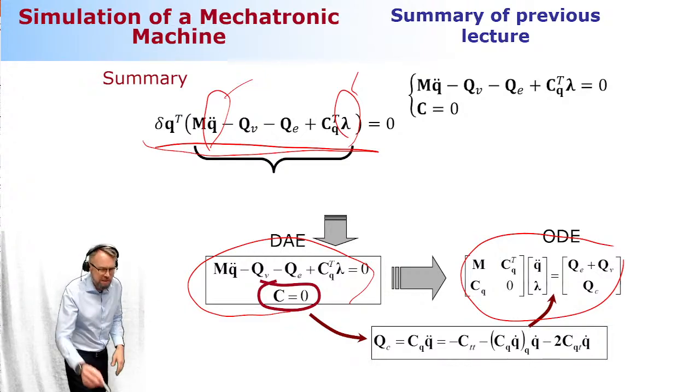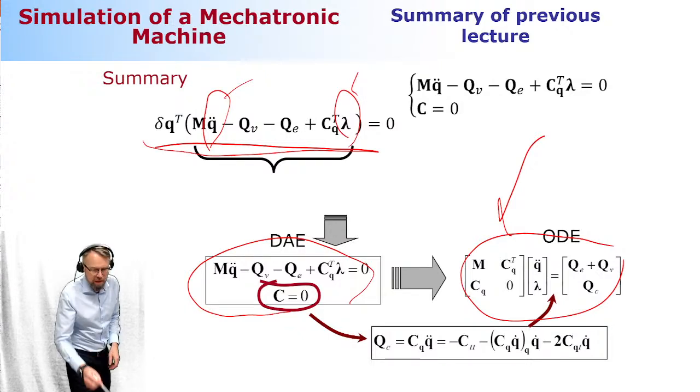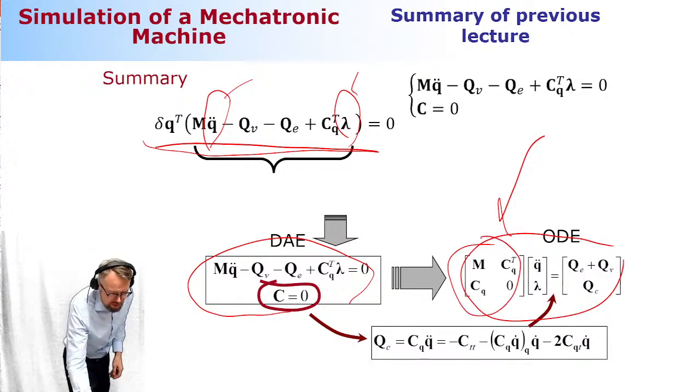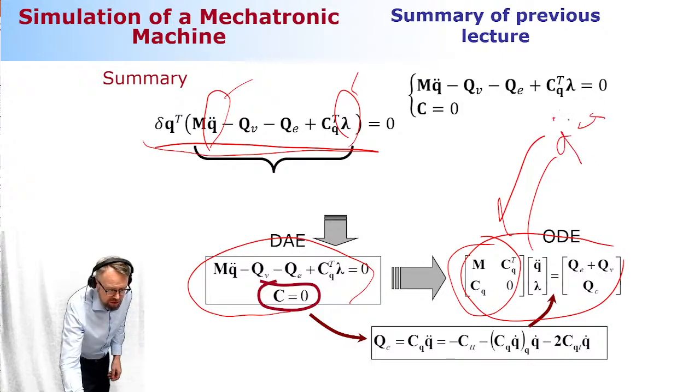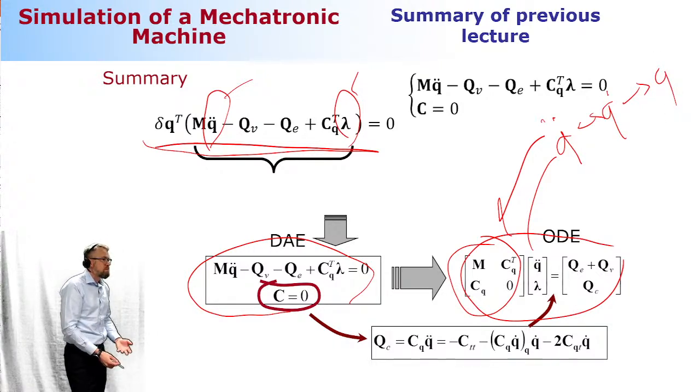Now, this is something that is very pleasant for a time integration scheme, so we can easily solve this forward in time. How? By inverting the system matrix and then integrating accelerations to get velocities, and integrating velocities to get positions. That's how it goes.